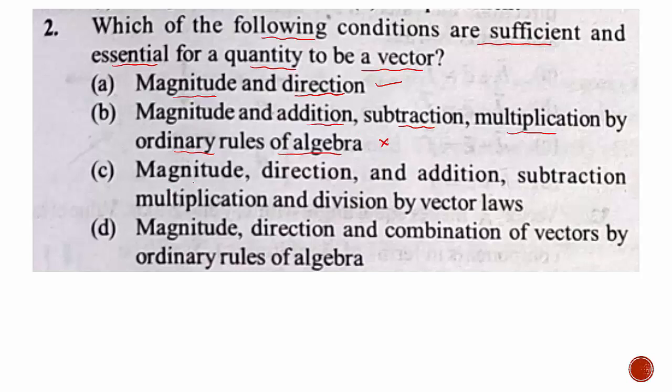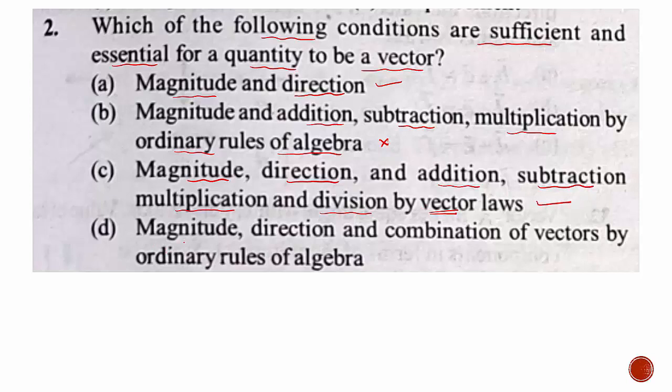Come to the third option, magnitude. Right. Direction, yes, it is also right. Addition of vectors, subtraction of vectors, multiplication of vectors and division by the vector laws. Yes, these are the required condition for vector quantity. Yes, it is right.